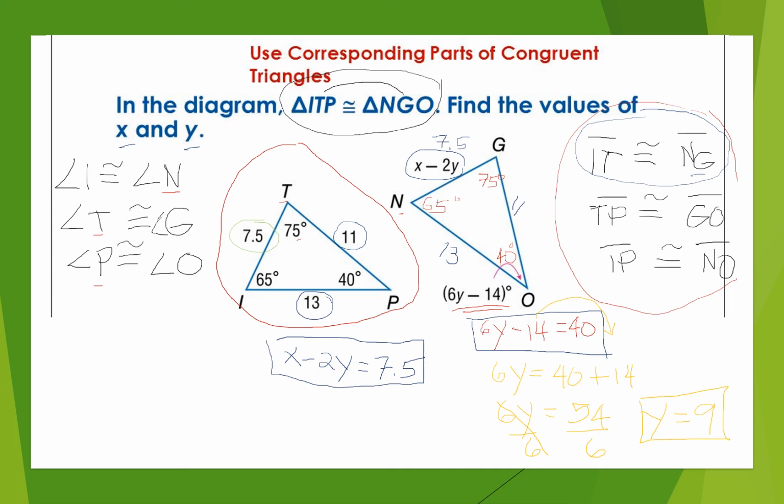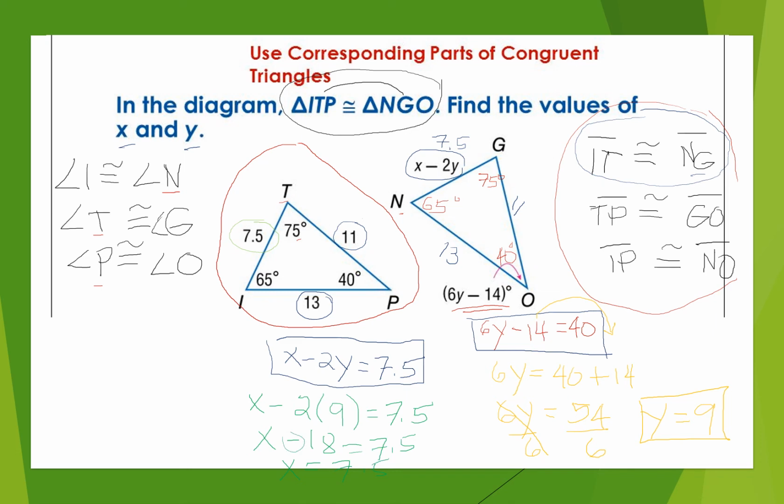Okay, so meron na tayong value ng y. Therefore, kuhanin naman natin ang value ng x. So, gagamitin natin yung nakuha nating value ng y para ma-solve ang x. So, therefore, here, that will be x minus 2 times y, which is 9, is equal to 7.5. Okay? So, therefore, x minus 2 times 9 is 18 equals 7.5. So, therefore, what is x? Okay, transpose lang natin ang 18.